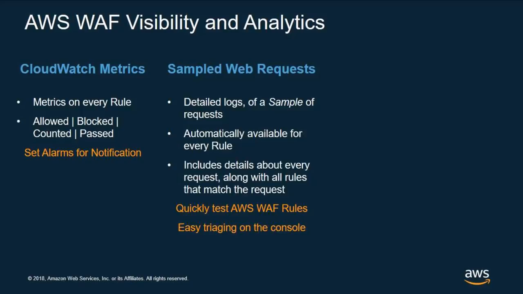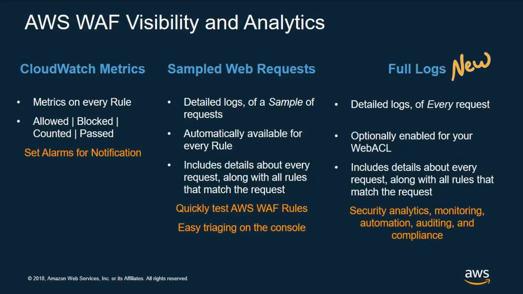That means when there is a match against a particular rule on a request, you can go to the sample web request to very quickly know why that particular request was blocked, or why there is a sudden increase in the number of requests being blocked by that particular rule. And the good thing about sample web requests is that this is available natively via the AWS console. So it's very easy to navigate and use sample requests to quickly test your WAF rules the first time you write rules, or even triage when there is a large number of blocks on a particular rule and so on. And as I said, this is available right on the AWS WAF console.